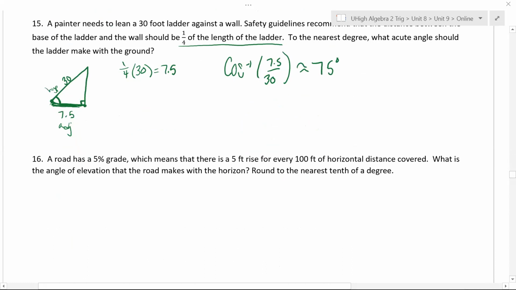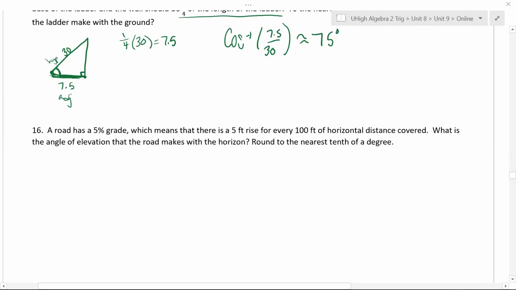A road has a 5% grade, which means that there's a 5-foot rise for every 100 feet of horizontal distance covered. What is the angle of elevation that the road makes with the horizon? Round to the nearest tenth of a degree. This phrase, angle of elevation, means that I need to start with a horizontal, and I'm looking at something that goes up. So I have an angle of elevation. A 5% grade means for every 5 feet of rise, I have 100 feet horizontal.